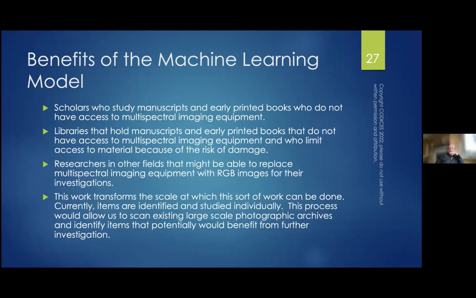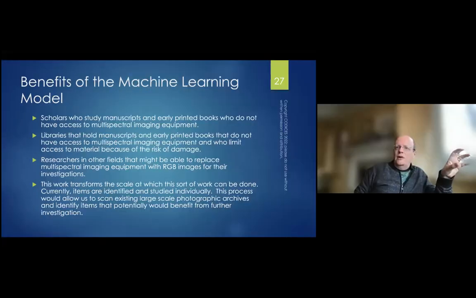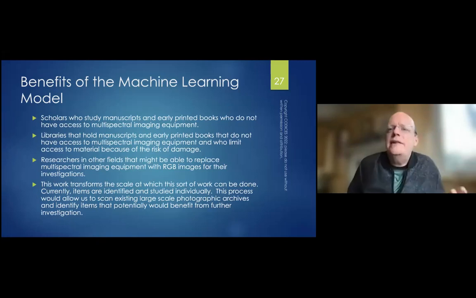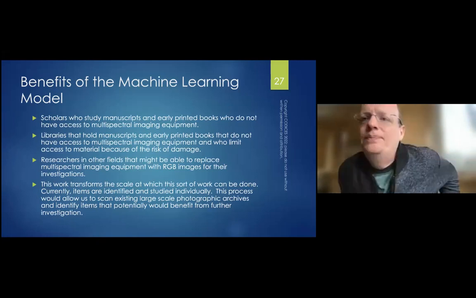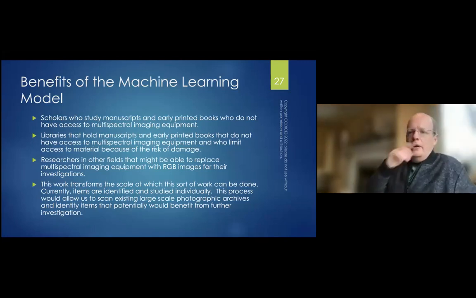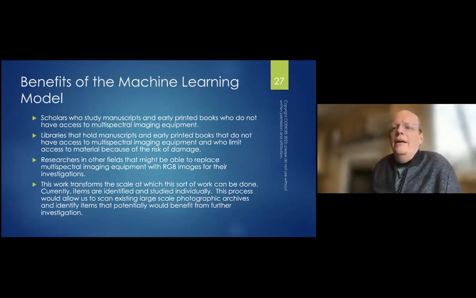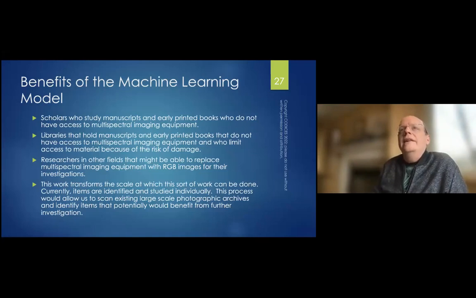But one of the things that we talk about as the benefit of this work is that if something's already been photographed, we should be able to process that photograph and do at least a preliminary investigation. That's right. True. So I'll find that out. And the idea is that these documents are old, fragile, one of a kind, irreplaceable. Correct.